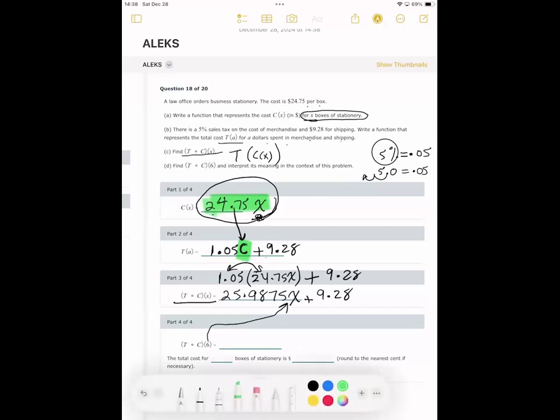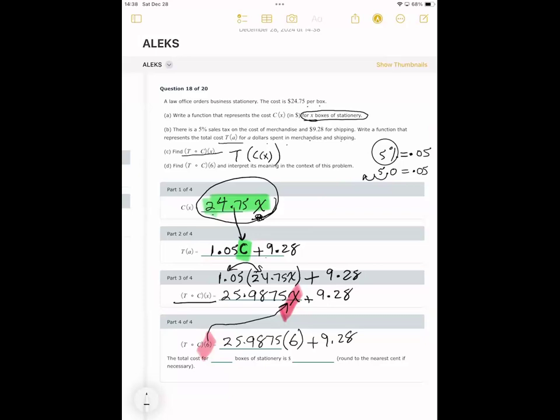That 6 gets substituted here. So you go 25.9875 times 6 plus 9.28. You multiply these two first in the calculator, and then you add 9.28, which is 165.205.